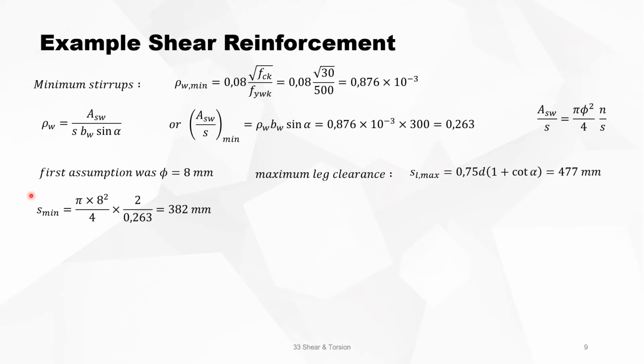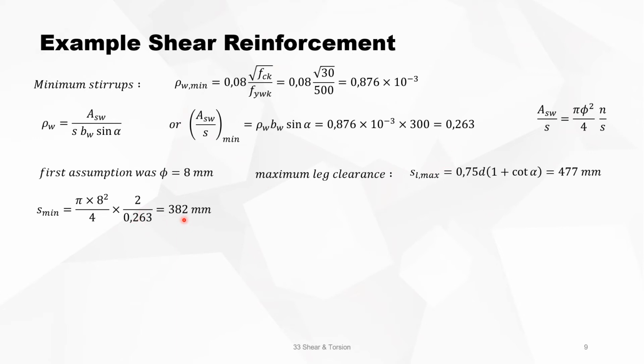We take the reversed calculation. We calculate what is the minimum spacing for a diameter 8 with 2 legs, and we need a reinforcement ratio of 0.263.